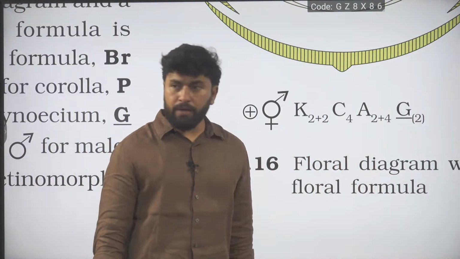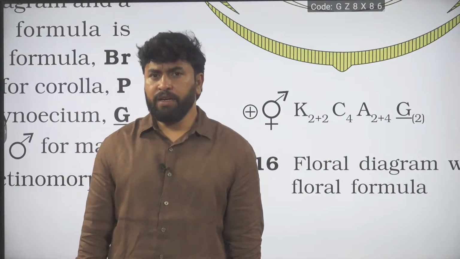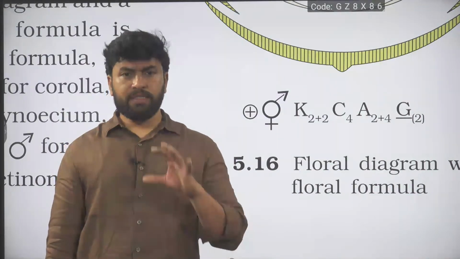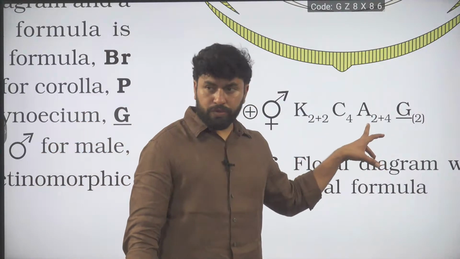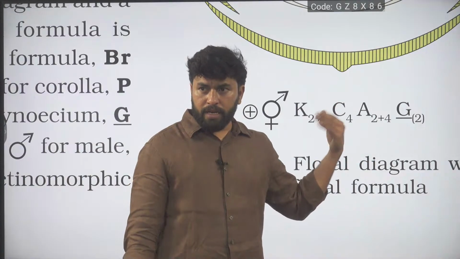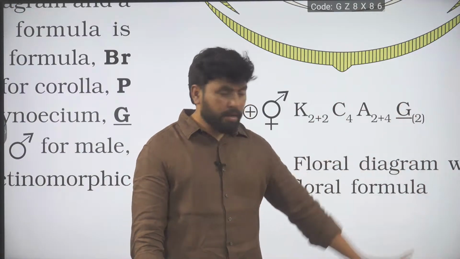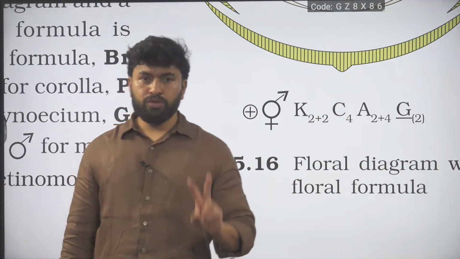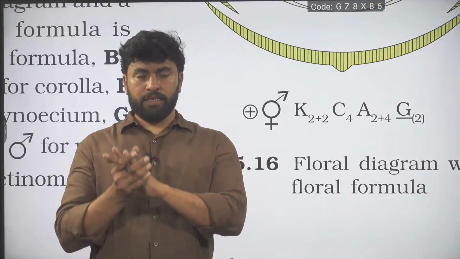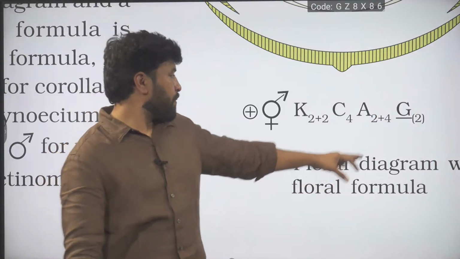The number of androecium, or number of stamens, is 6. They are arranged in 2 rows, 2 whorls, inner whorl, outer whorl. Number of carpels in a gynoecium is 2. In that case, the 2 are kept under parenthesis.